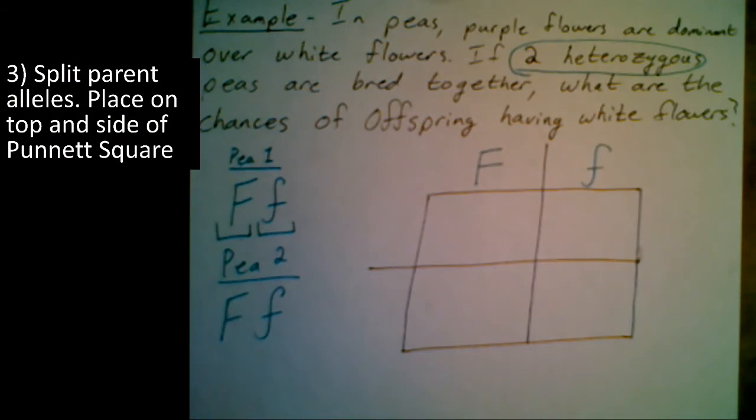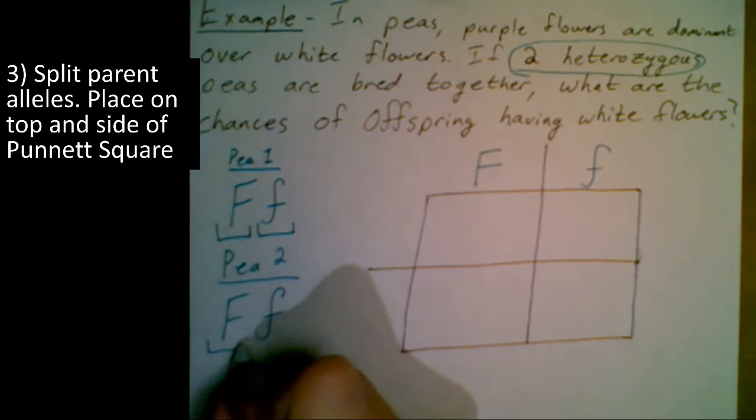The reason I split them apart is because during reproduction, those alleles actually do get split into separate cells, and only one of them gets passed down to an offspring. When we start talking about meiosis, keep this in mind because it has a lot to do with what's happening there. Since we did that with one parent, we're also going to do it with the other parent.